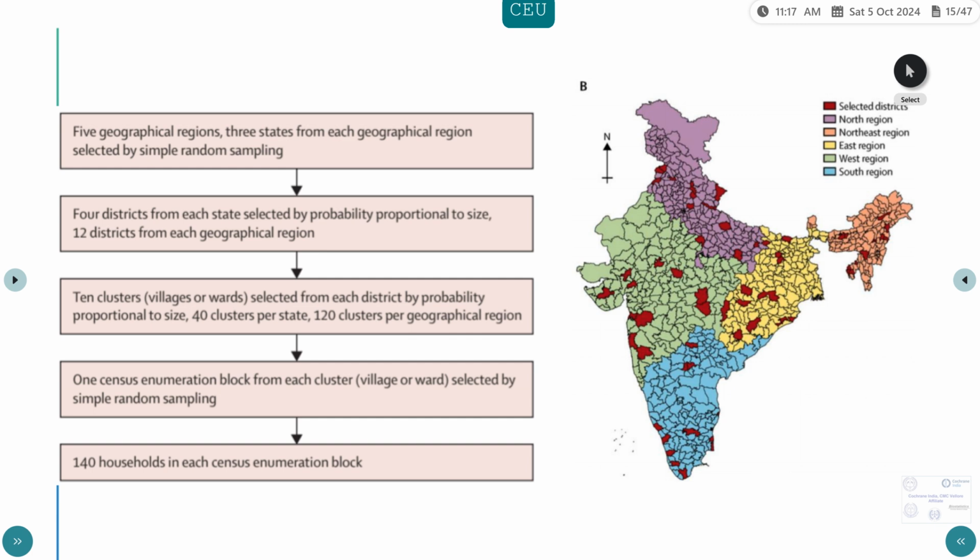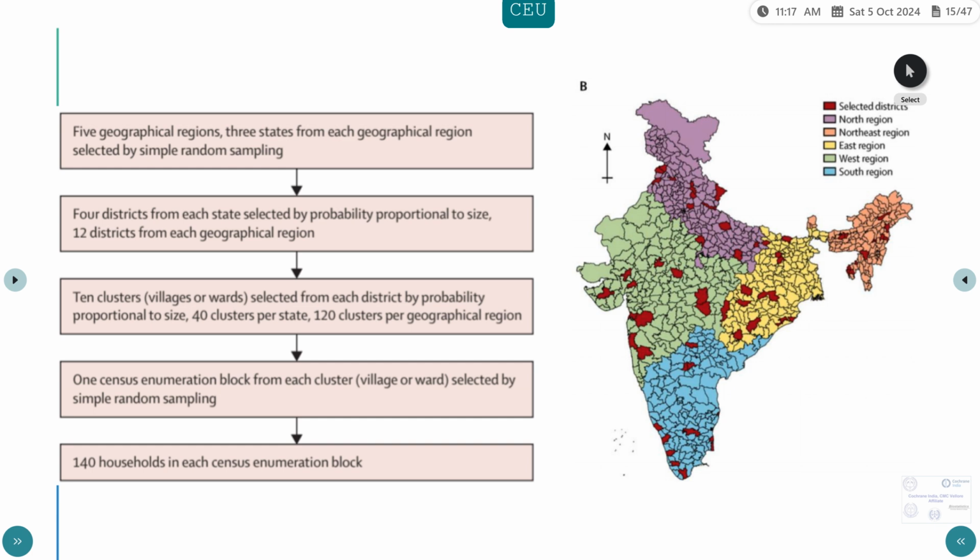After that, from each of these states, they have picked 4 districts based on probability proportional to size. That is a sampling technique where, based on the proportion of that area, you pick them into the study so that the population in a larger area is likely to be represented as equally as the population in a smaller area.